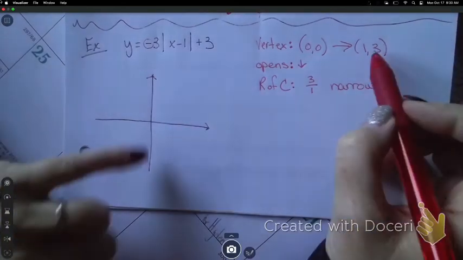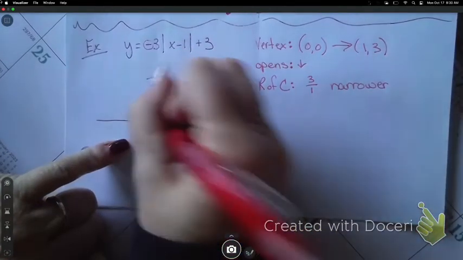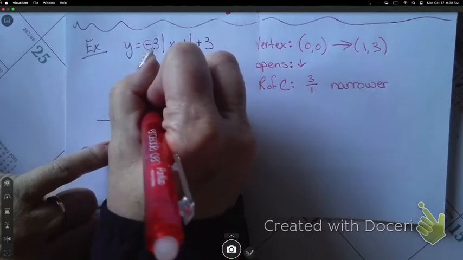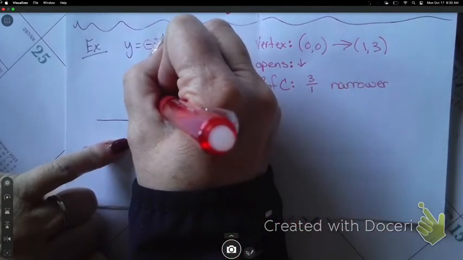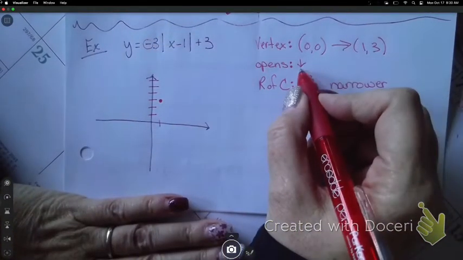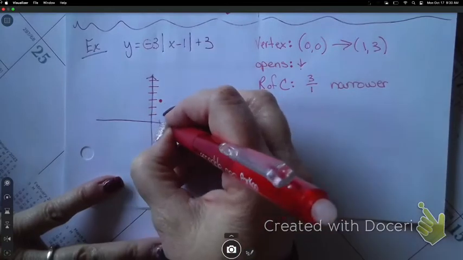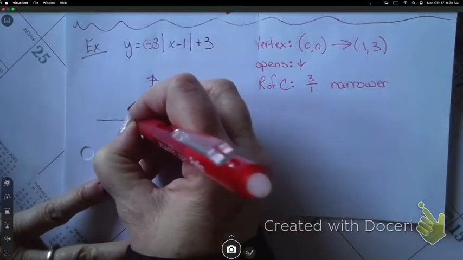So now we need to graph this. So our vertex is at 1, 3. And it's opening what direction? Down. Okay, so I need to make some points, some dashes down here so I can go down.